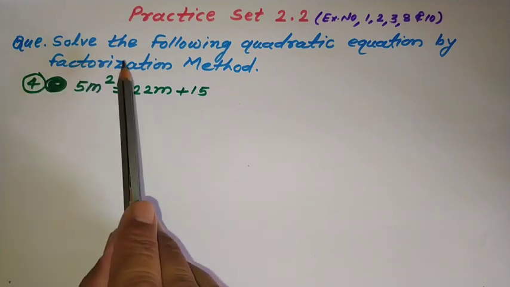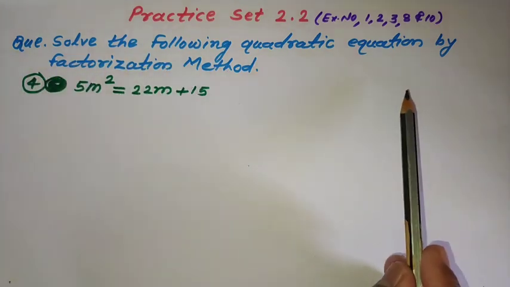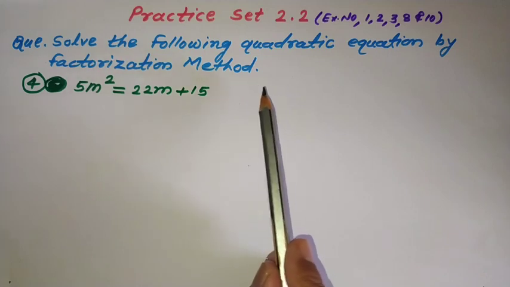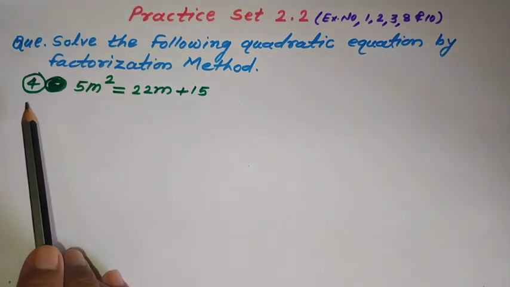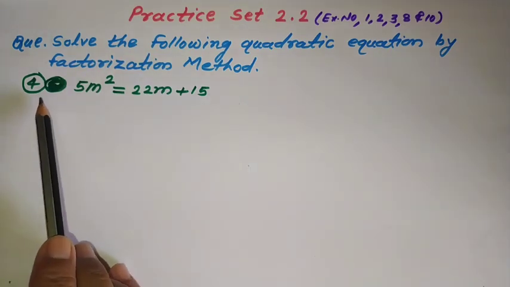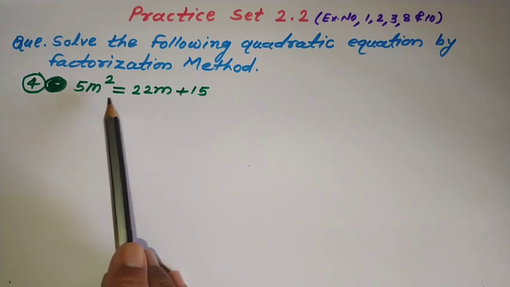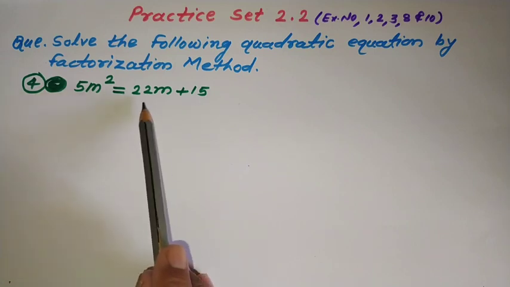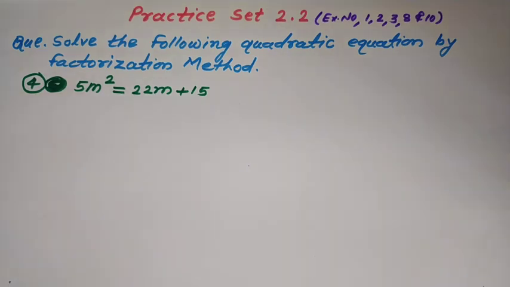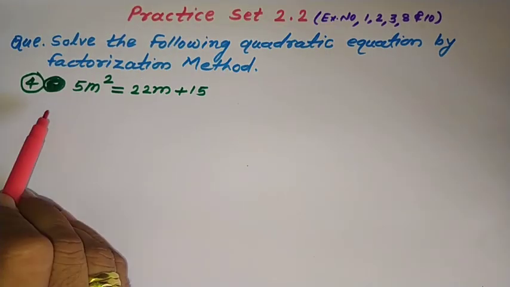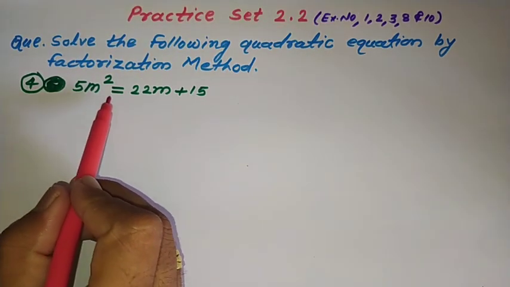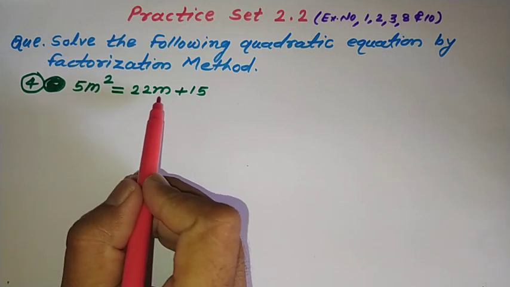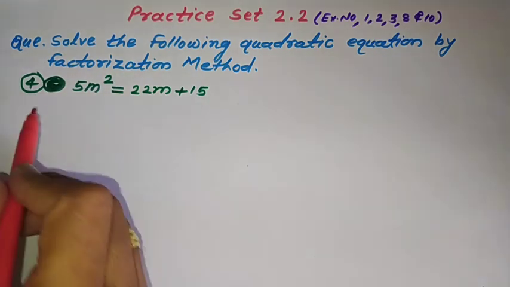Question: solve the following quadratic equations by factorization method. Example number 4: 5m square is equal to 22m plus 15.